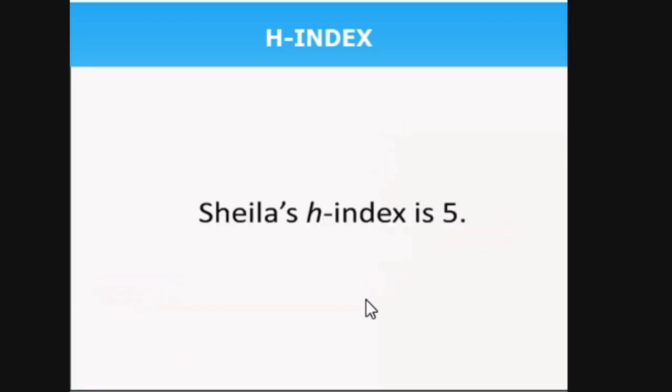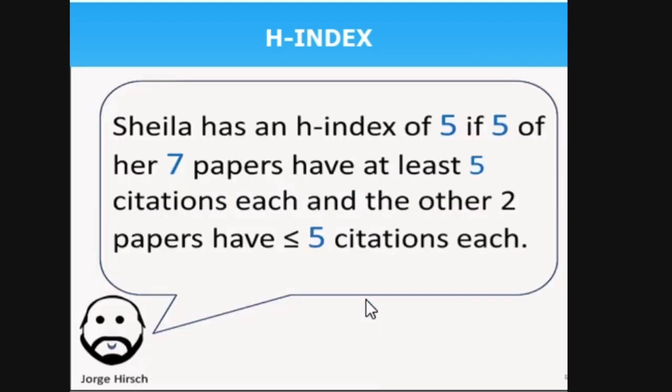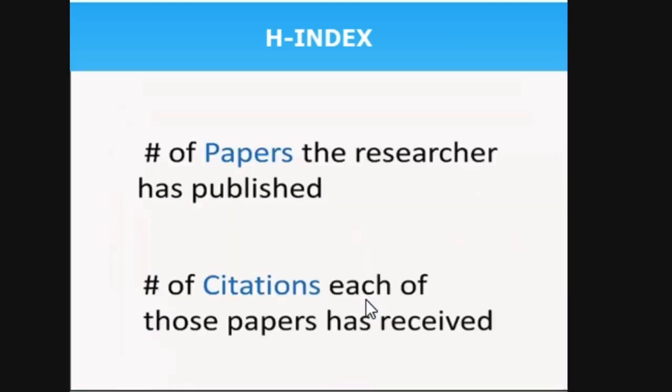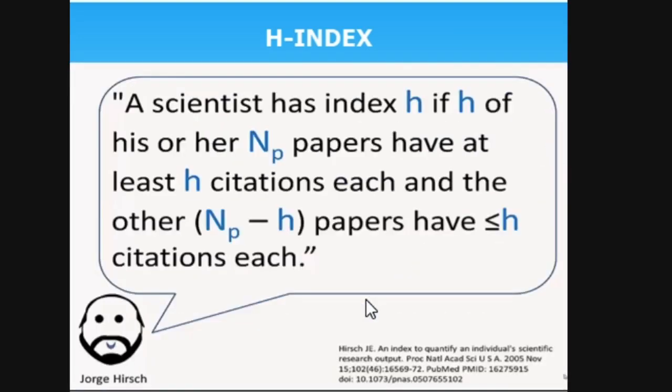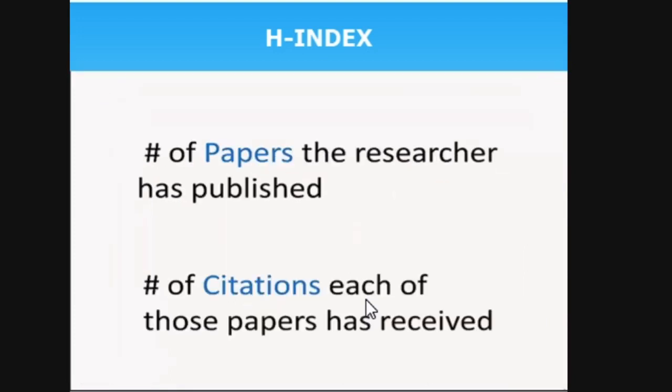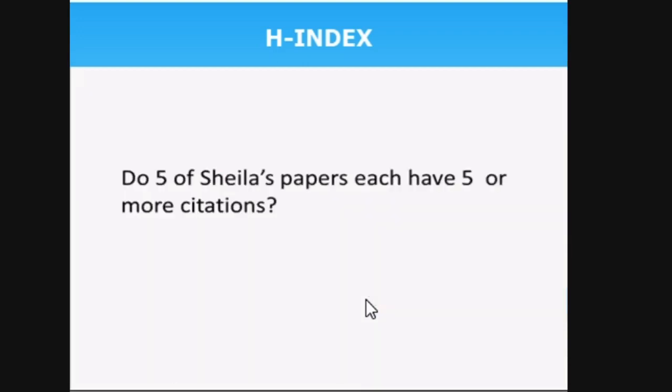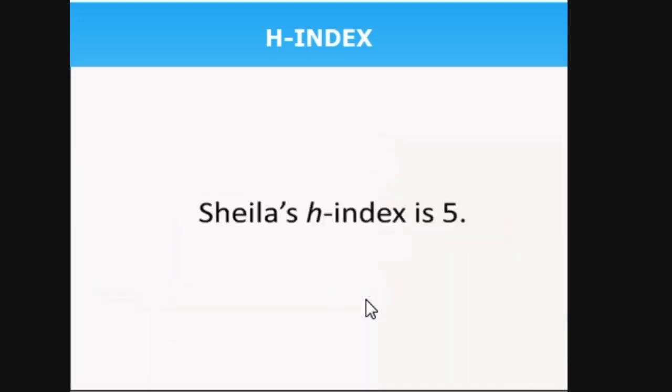So this is how you calculate H index. That is what I showed you in Web of Science. Now we are coming back to the same definition. Instead of this h, we are going to put numbers. Now we know Celia's H index, which is 5.